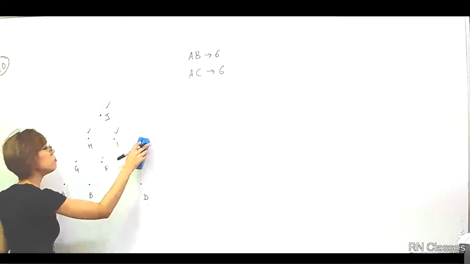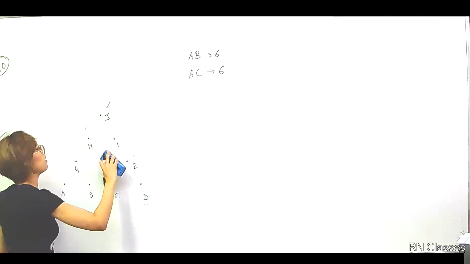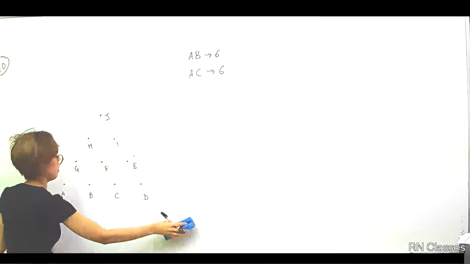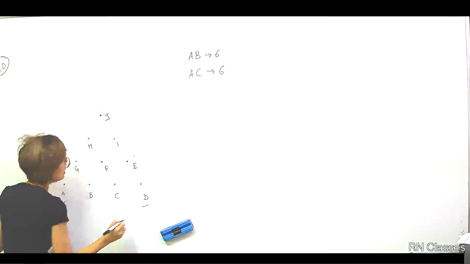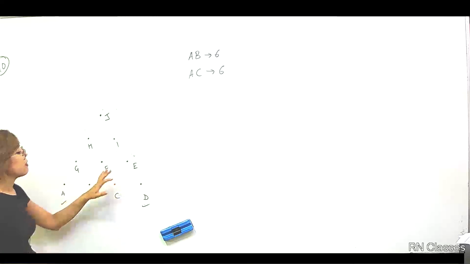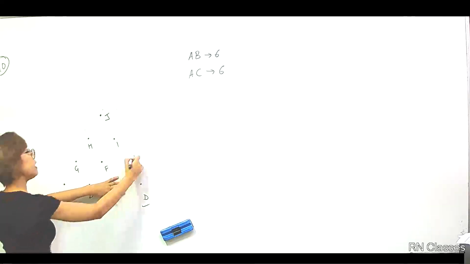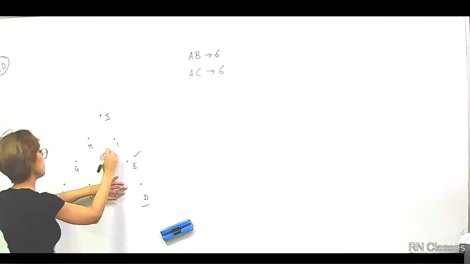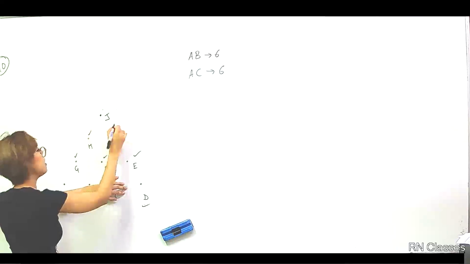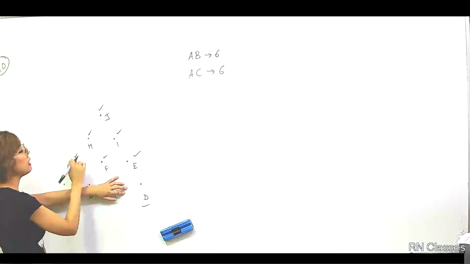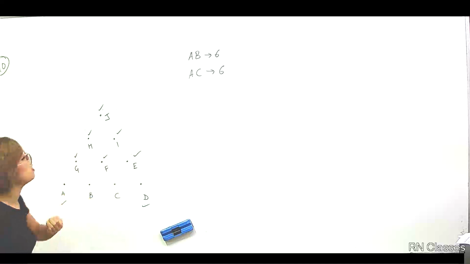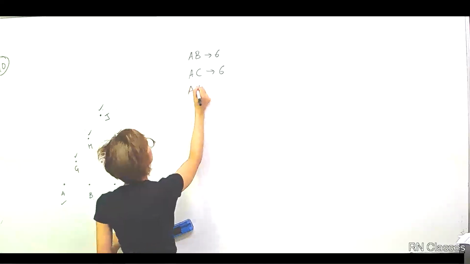Okay, now AC is also done. Let's move to AD. Okay. AD. Right. Okay. B and C I won't take anyway. So with AD, E can be there. Yes. F. Yes. G. Yes. H. Yes. I. Yes. J. Yes. So how many? That is 6 again. So AD, 6 again.